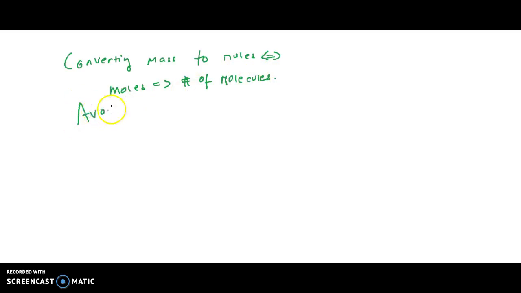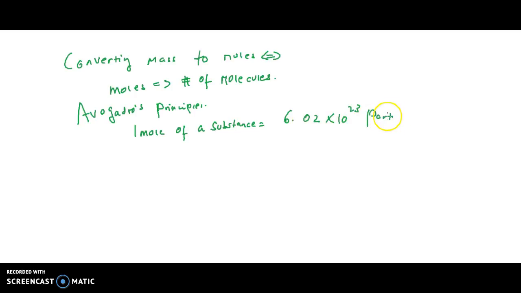What Avogadro said is that if you have 1 mole of a substance, it always has a fixed number of particles in it: 6.02 times 10 to the power of 23 particles.